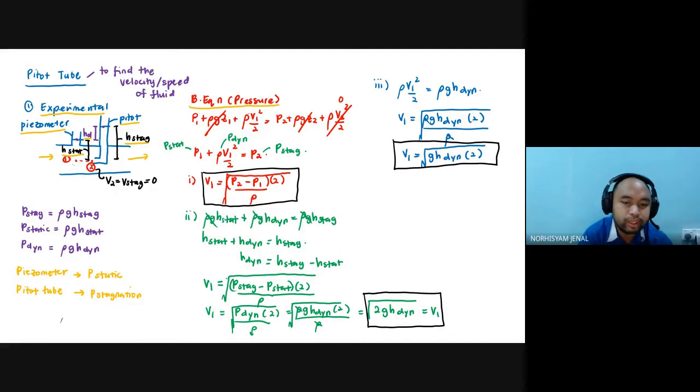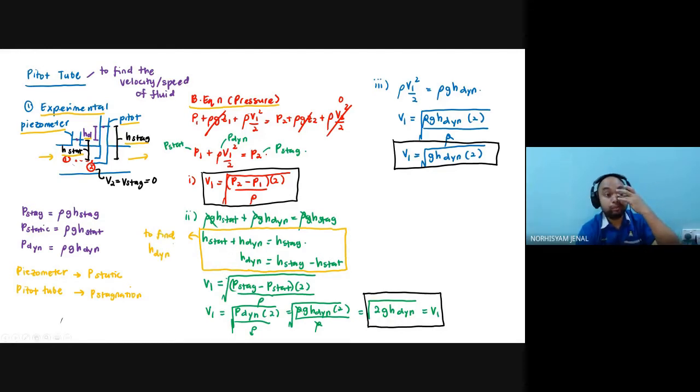So if you want to find out what is the height of H dynamic, what you do is you have to do this one, okay? This equation, right? If you see from my right side, please follow my yellow marker here, okay? So this is a way for you to find out how to calculate H dynamic. Okay, so by having H stagnation minus H static. All right, where does this come from?